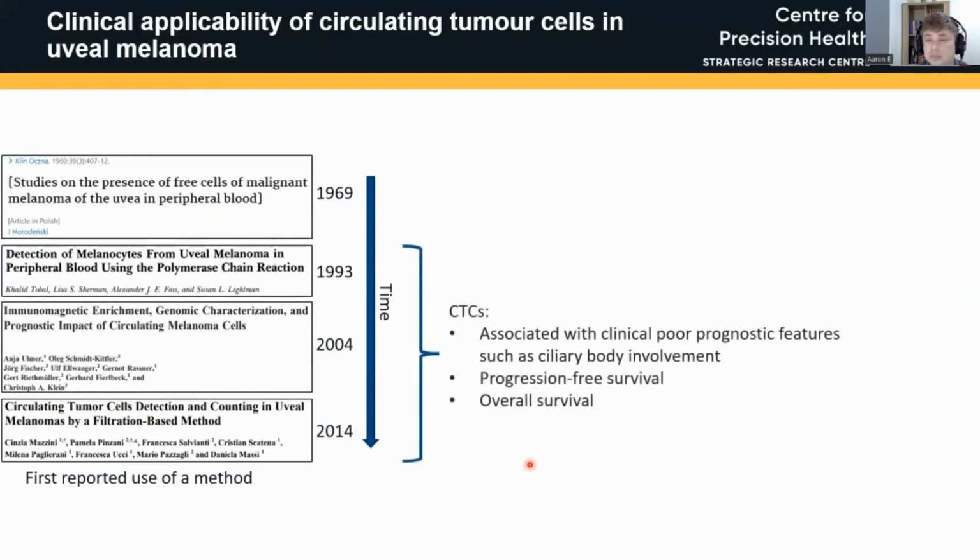Now, the field has mostly settled on immunomagnetic isolation, but no matter the technique used, there is a general trend in most papers that increasing levels of circulating tumor cells are associated with poor prognostic features such as ciliary body involvement and in general poor disease-free, poor progression-free, or poor overall survival.